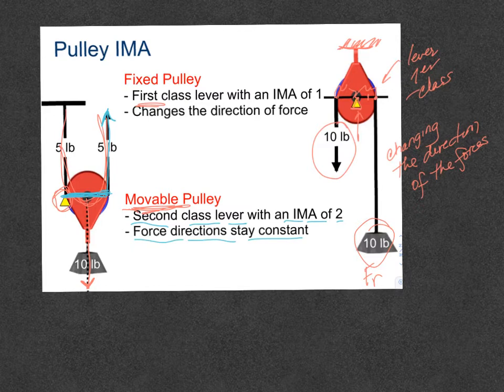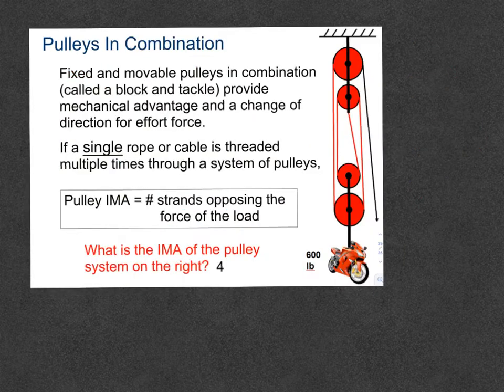Questions about that? No? Okay. What is this? Pulleys in combination. So you have a combination of pulleys in order to move a heavy object. Now, a pulley with that combination is also called a block and tackle.